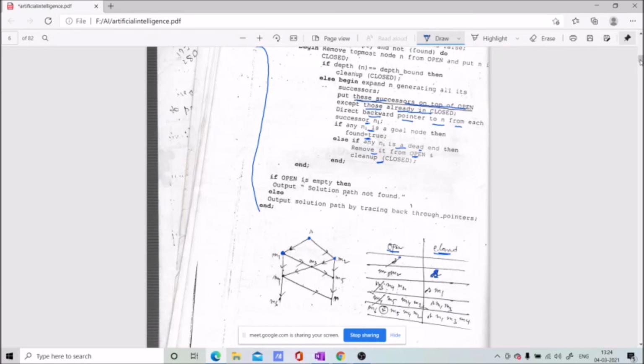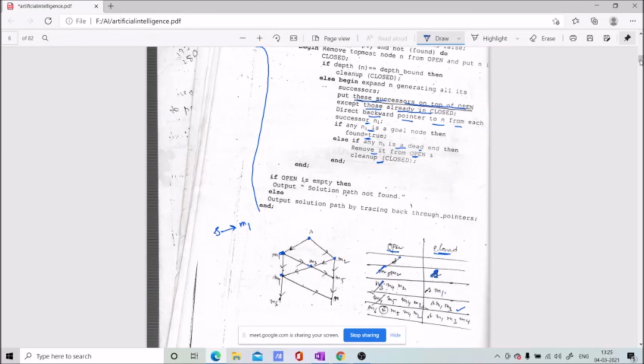Here you can see that M1 is taken out, and since M1 is taken out, it is put into closed, and we draw it like that. From M1 we know there are two nodes, M3 and M4, and they are put into open. Then M3 is taken out from open and placed in closed.